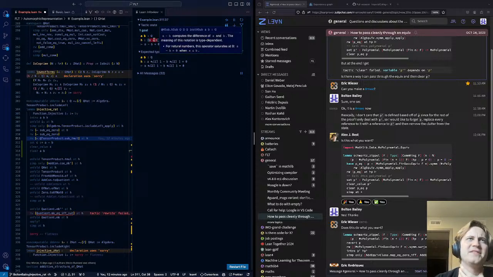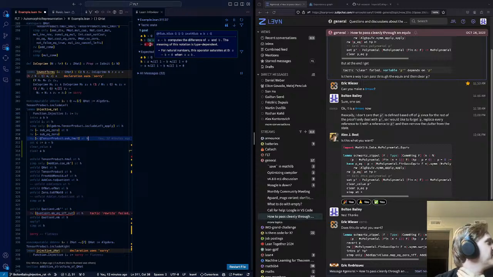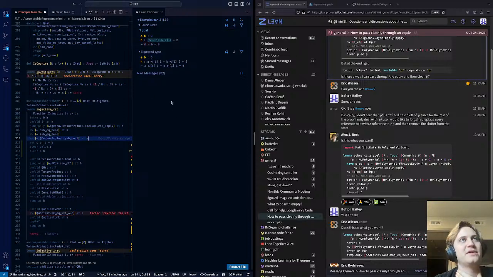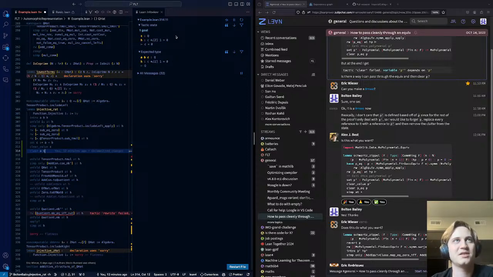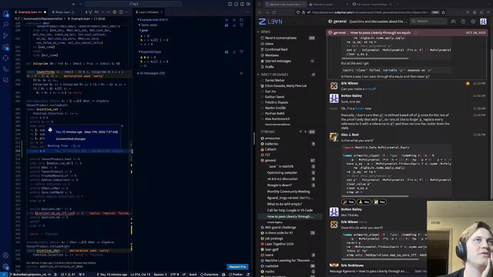The thing I observed, and I feel like there could be some form of automation about this, but I have been too lazy to implement it: I should be able to detect that A minus B is the only expression in which A and B appear, and so this is provably equivalent to this in a way that should be detectable and automatable. But this is what has to be proven now.